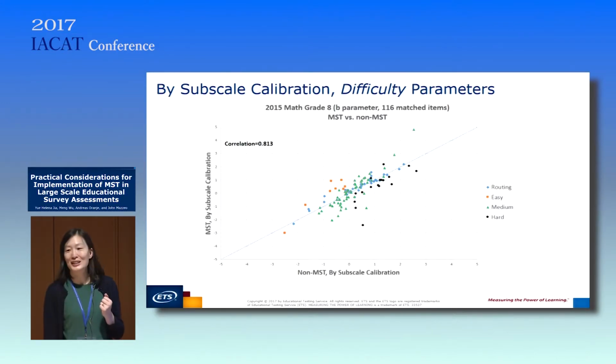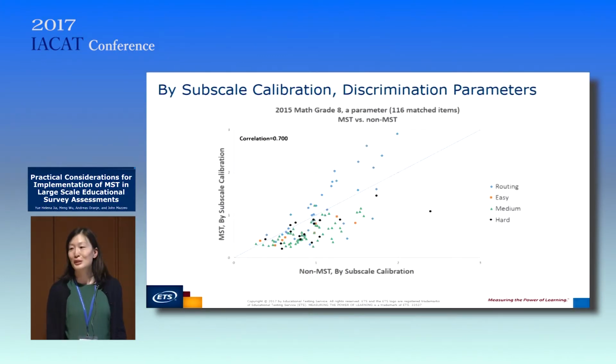The difficulties have shifted. Easier items become easier, harder item estimates become harder. That's not what we quite want yet. And when you get to the discrimination parameters, you would say, oh, what is going on? Why is there a pattern where targeted items are underestimated and routers are overestimated?